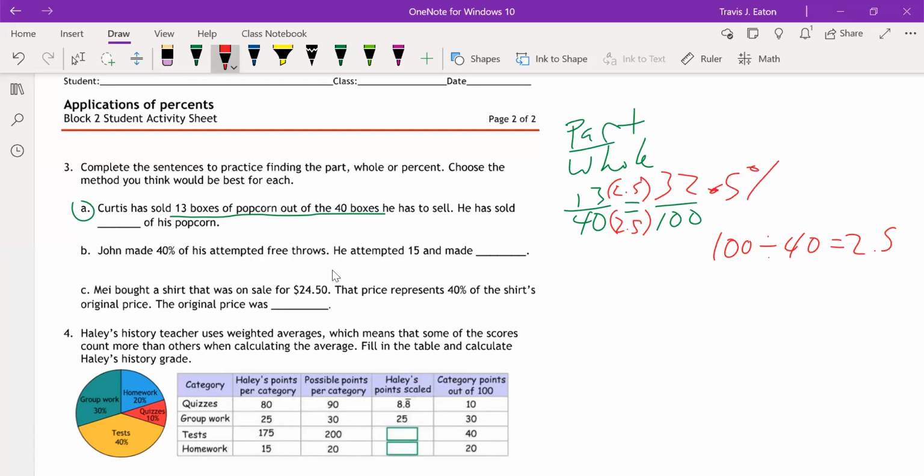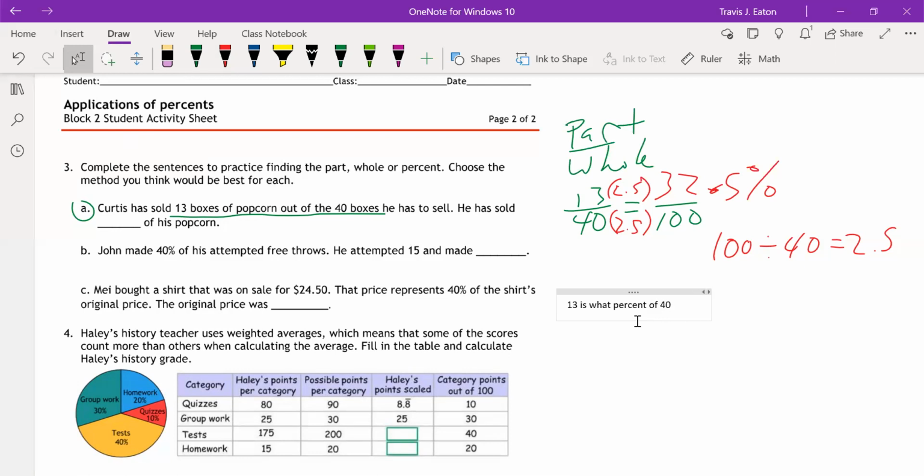32.5%. Now, if we were going to write this in sentence form, what are we looking for? We are looking for the percentage. So let me type this out as a sentence just for fun. We are looking for: 13 is what percent of 40?